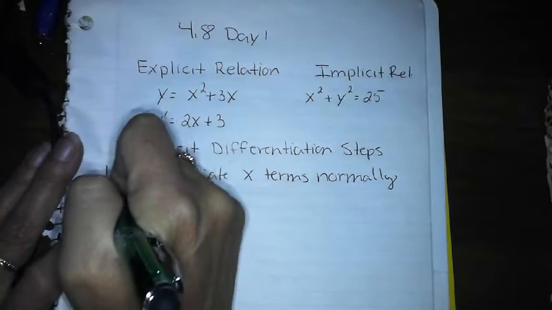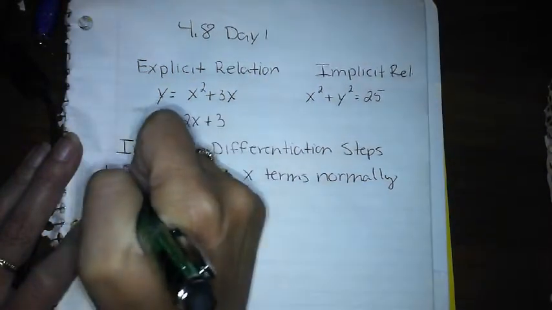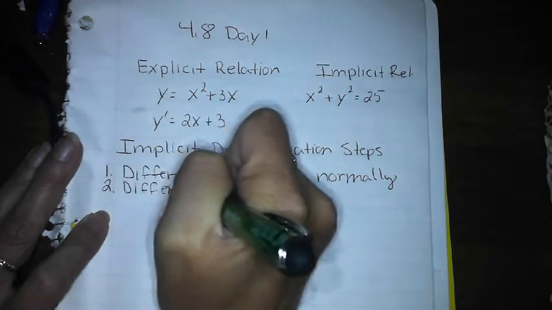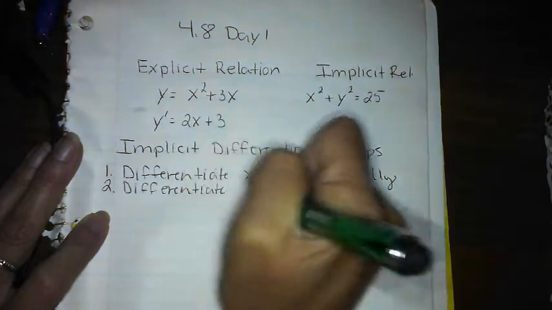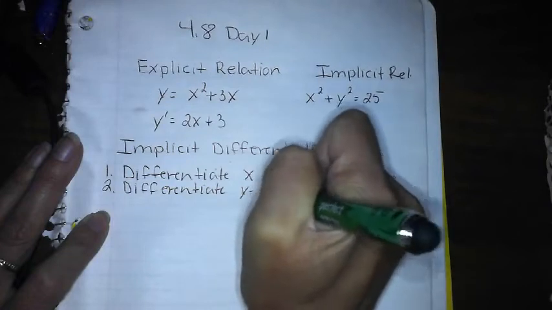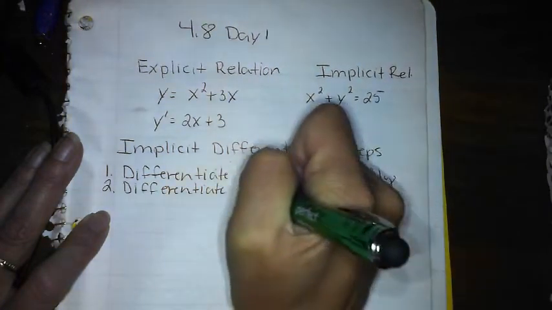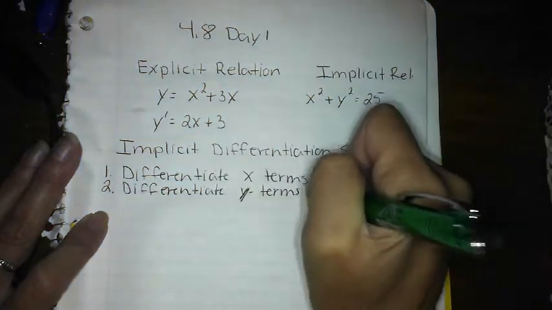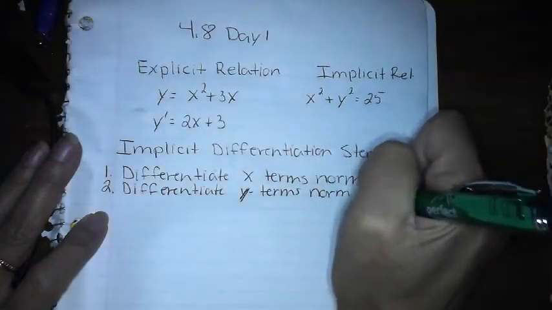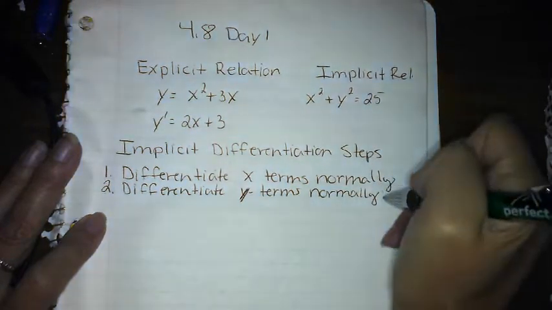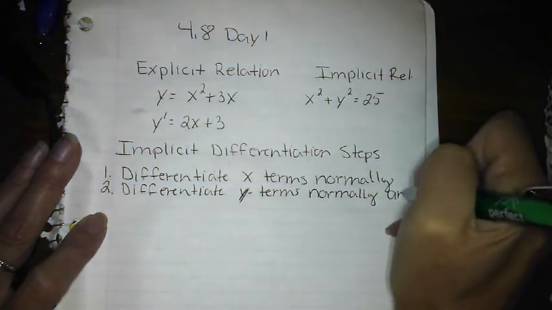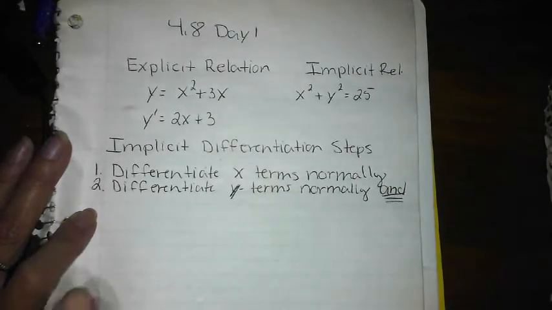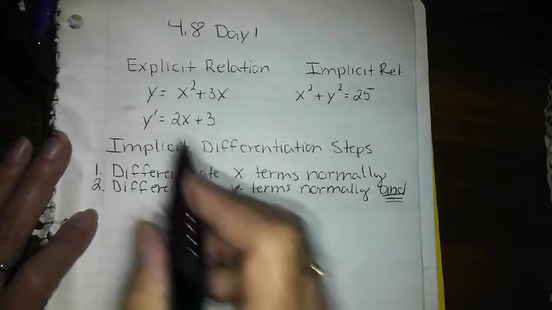Now when you come to the y terms, you're going to differentiate y terms just like it's an x, so normally. And one extra thing: you're going to multiply that term by y prime.